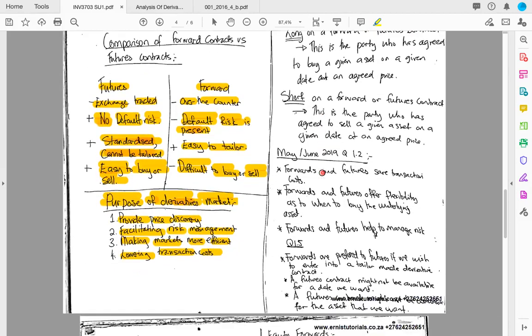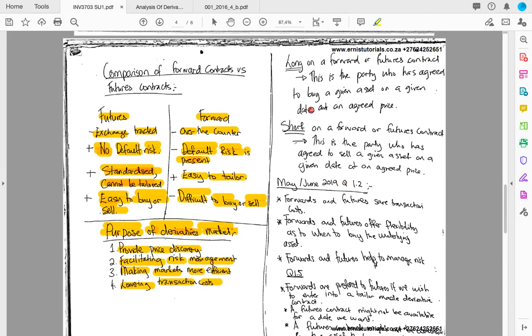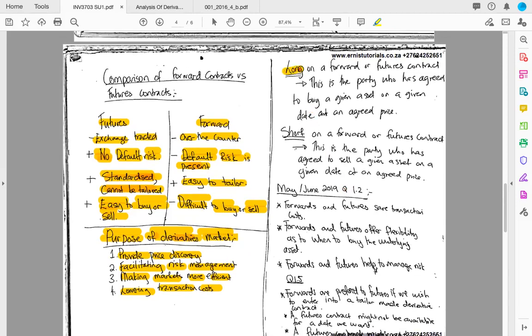And then lastly, before we look at 2 past exam questions and finish study unit 1, you also have to be familiar with the terminology of going long on a forward or futures contract and short on a futures or forward contract.